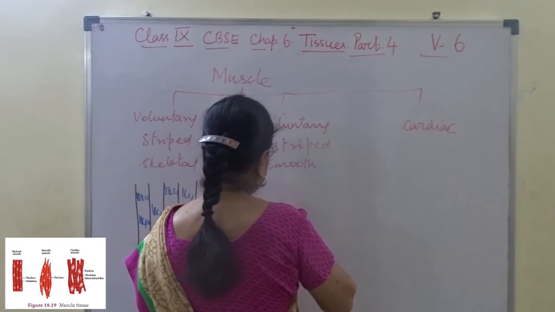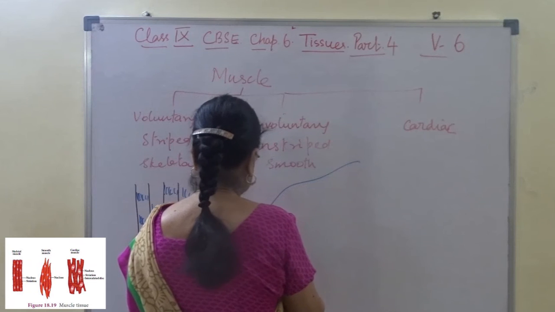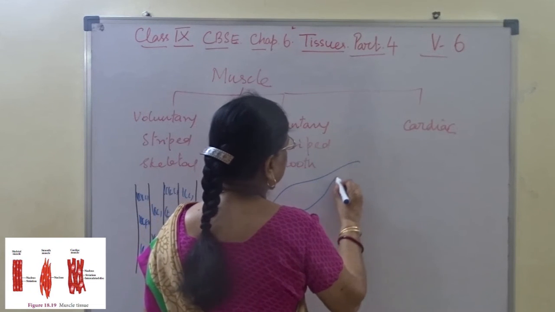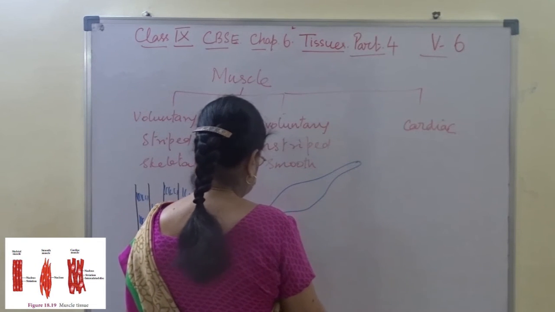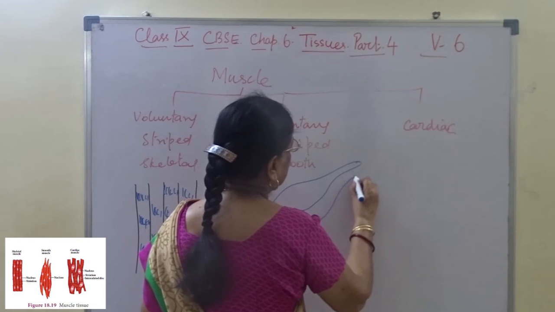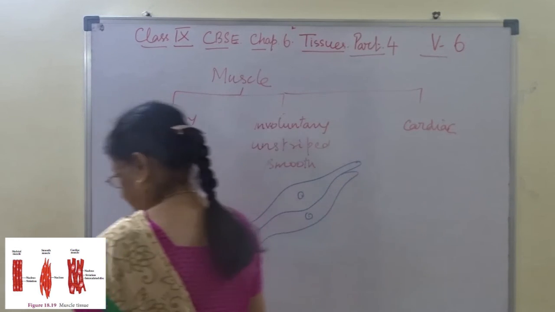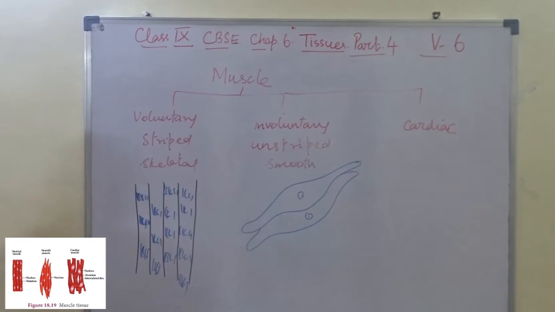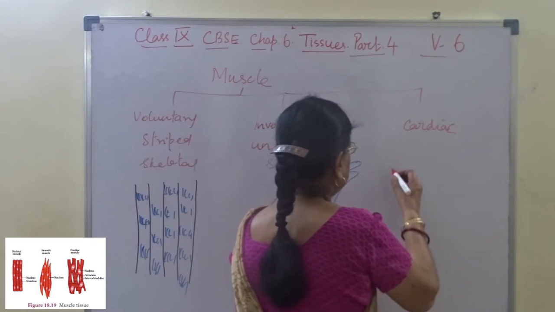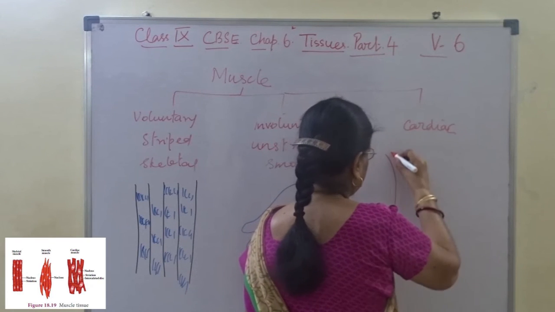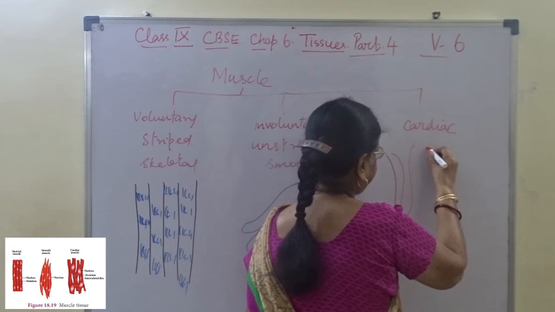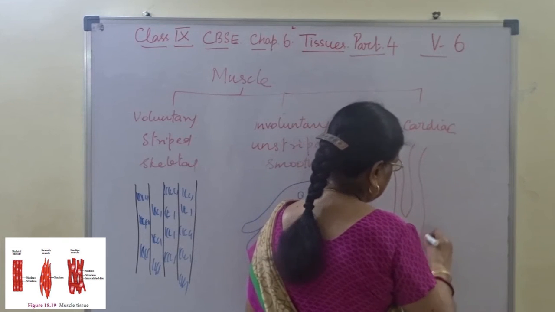Whereas smooth muscle has a structure like this. It is involuntary muscle with a single nucleus. And then cardiac muscle has a structure like this.